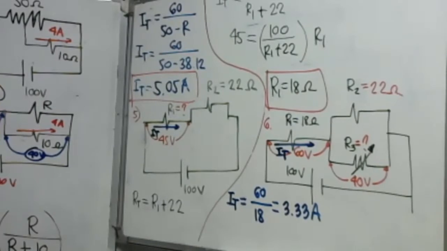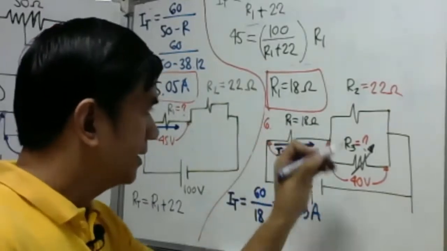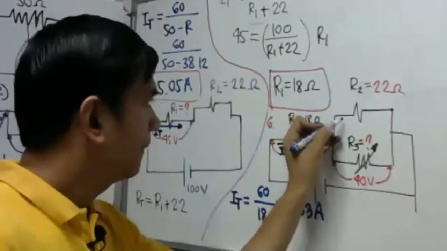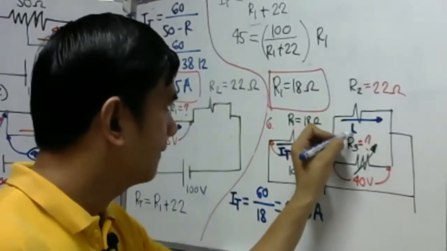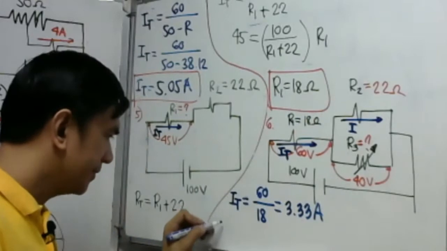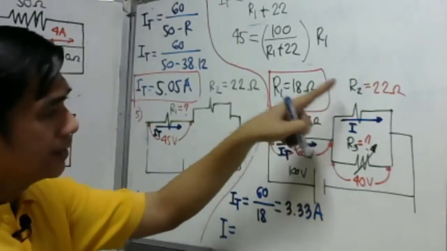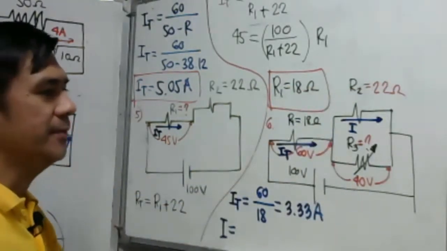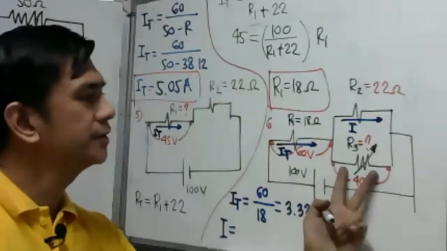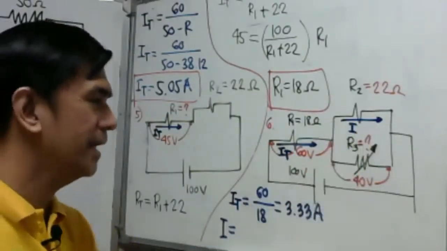Now, take a look here. What is the current here? I will make this current I. Simply current I. What is our current I? That is the current flowing through our 22 ohm resistance. Remember, if this is 40 volts, the voltage here is also 40 volts, right? Because they are simply connected in parallel.